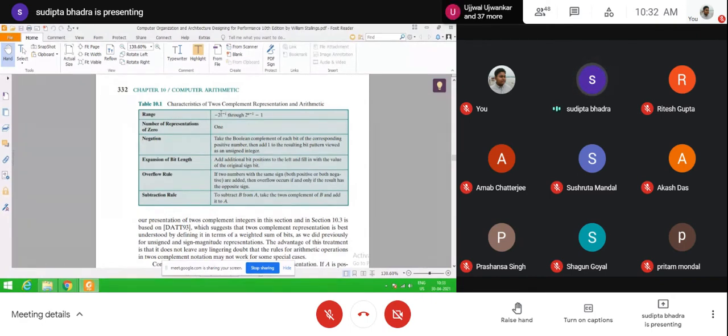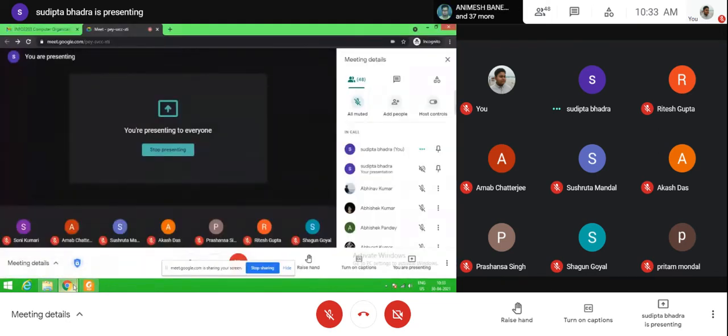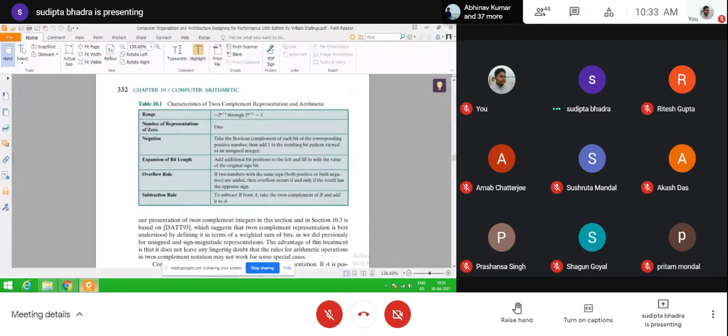If the number of bits is n, then it represents minus 2 to the power n minus 1 to 2 to the power n minus 1, minus 1.